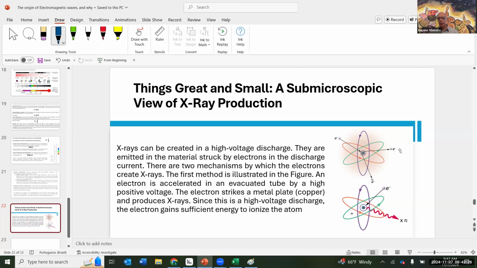And once that electron is removed, there is an empty spot there, and that empty spot has a tendency to be filled by another electron from the outer shell. And when the electron drops to that position, some energy is released, a photon of energy is released, and that's an X-ray. Okay.